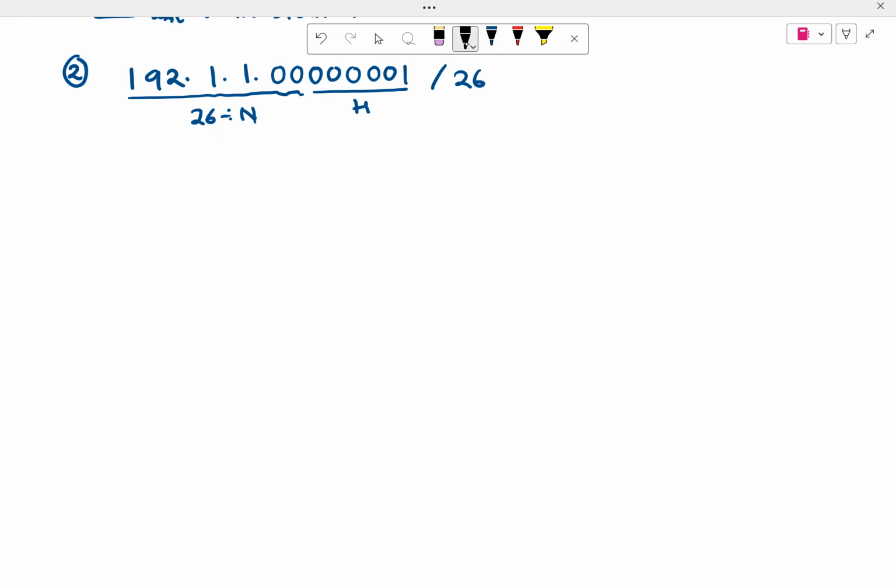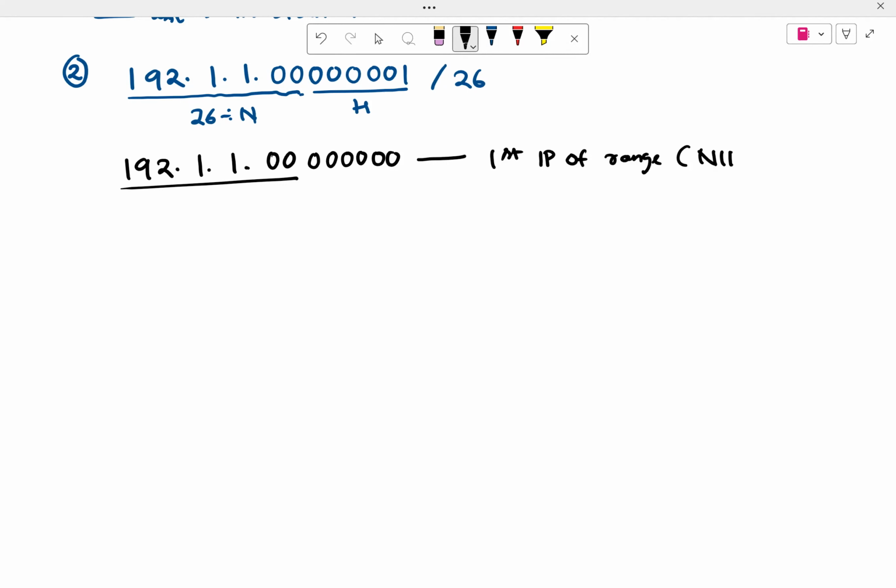For counting we just did 2 to the 6 minus 2. But to find the range, you fix the network side, 192.1.1.00, and then put all 0 in the host, 6 bits. That's the first IP address of the range, also the network ID.